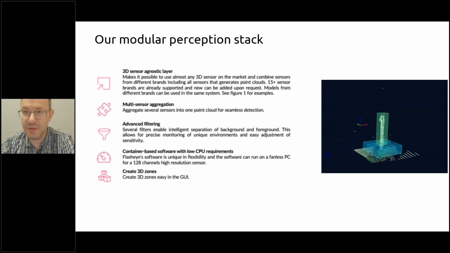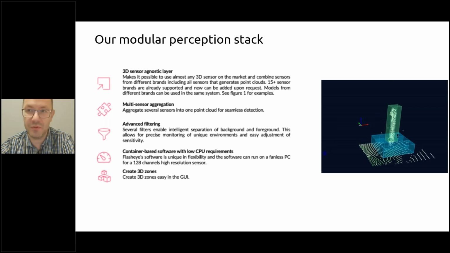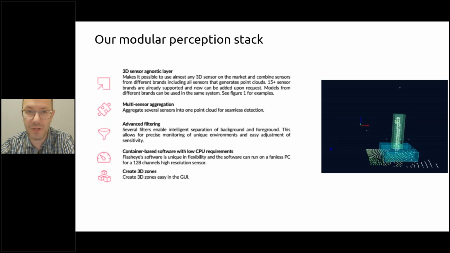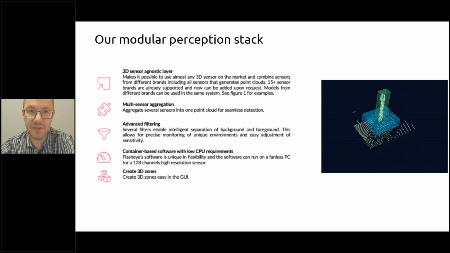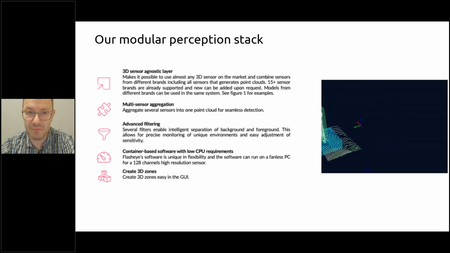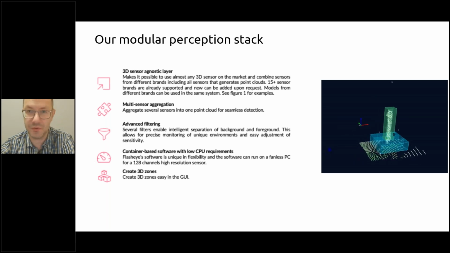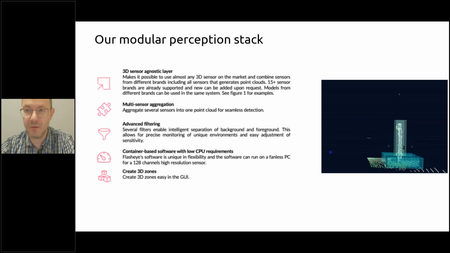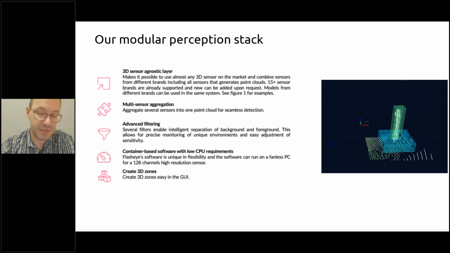As I said, every brand, every model offers slightly different parameters, and sometimes it's best to combine completely different models to get, for example, full coverage, or short and long range perception, or very high resolution in specific areas and lower resolution in other areas.